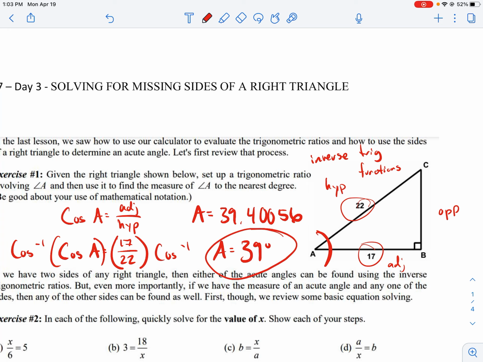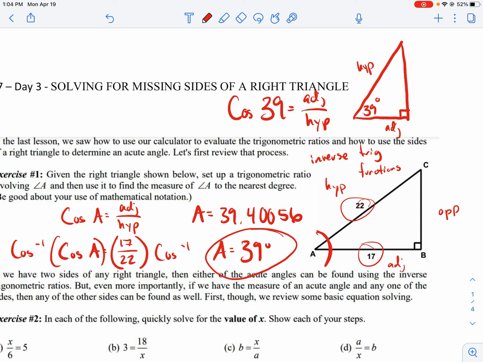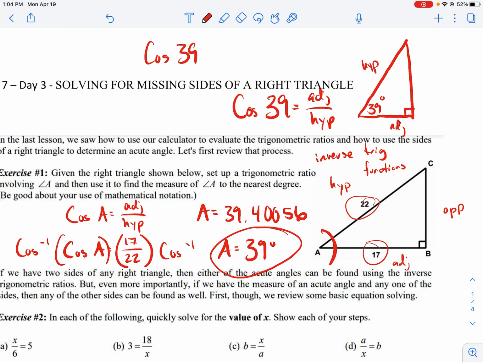So what we just found is this: based off of what our calculator has, for any right triangle that has an acute angle of 39 degrees, the ratio created by its adjacent side and its hypotenuse, okay, for any right triangle that has that degree measure, is always going to be, well, in this case, around 17 divided by 22, which is about 0.7727.